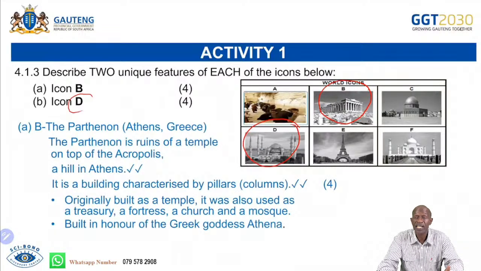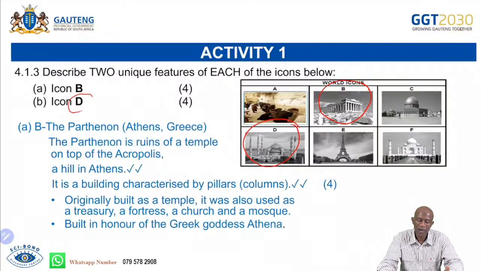Number B, as we said, is the Parthenon. It is found in Athens, Greece. The Parthenon is a ruined temple on top of the Acropolis, a hill in Athens. That is one unique characteristic.